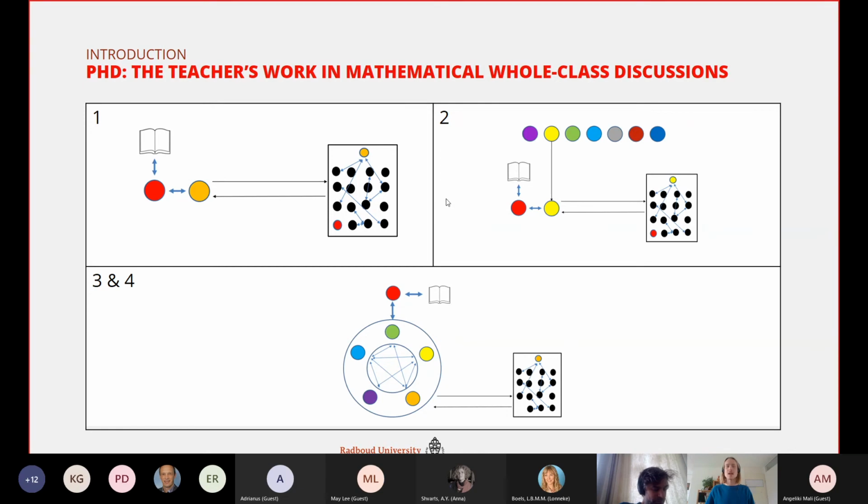In the second study, I organized a workshop, klassengesprekken in de wiskundeles, a workshop about whole class discussion in mathematics lessons. And 7 teachers joined from throughout the Netherlands. And it was a 4-hour workshop. And after the workshop, I visited all of them to observe and videotape one of their first discourse-based lessons. So one of the first times they actually tried orchestrating a whole class discussion about different solution methods.